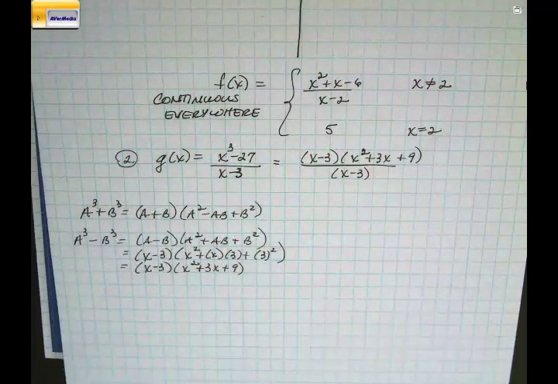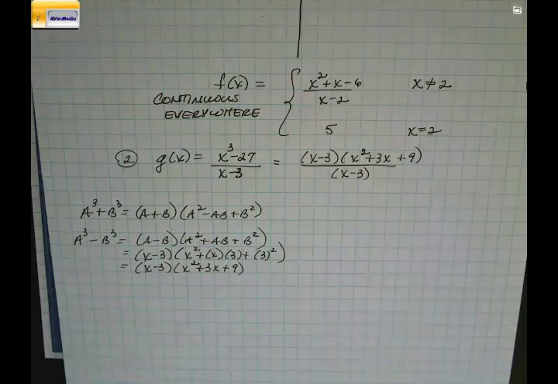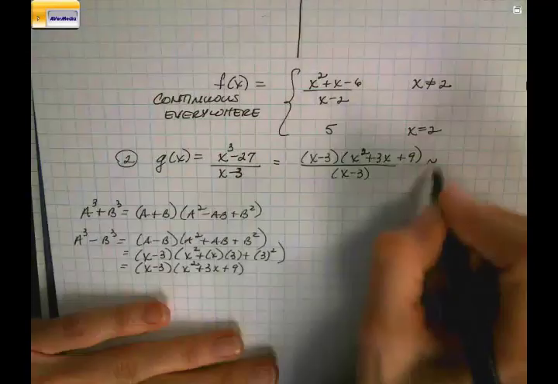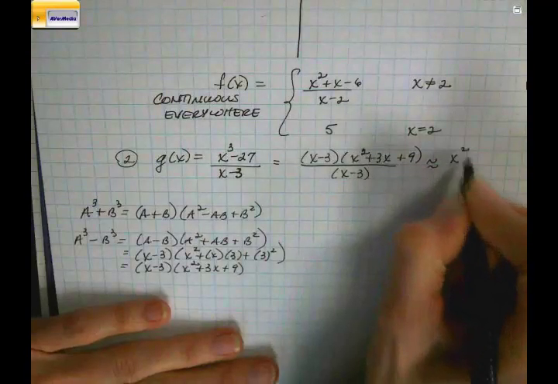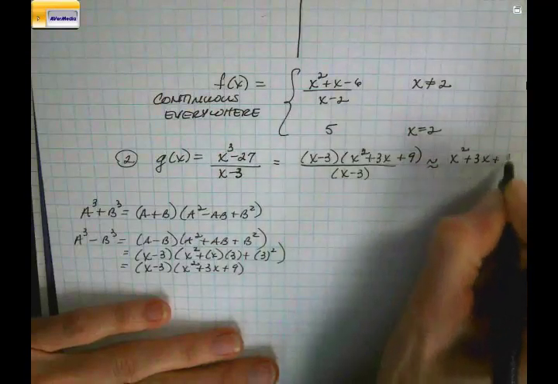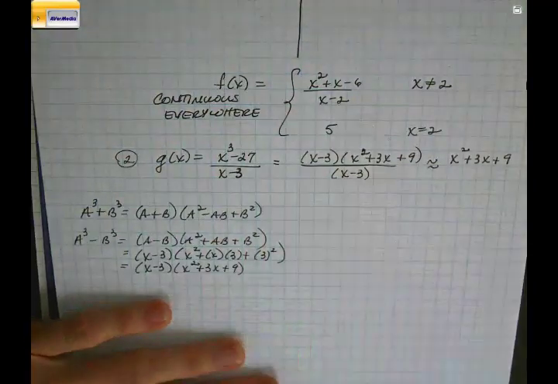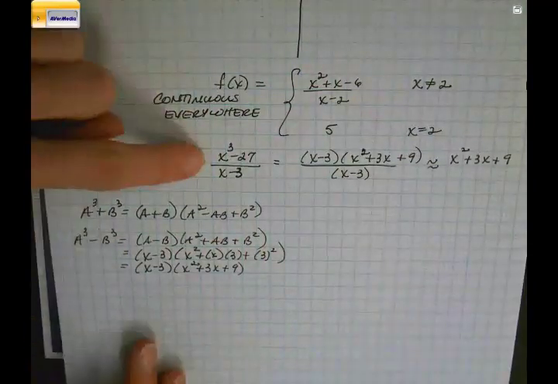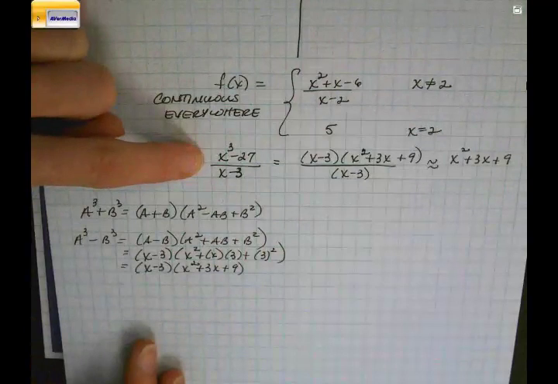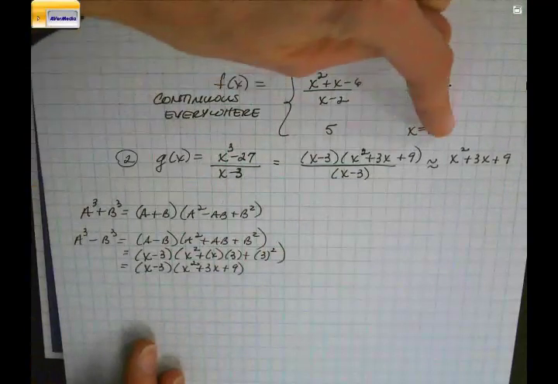If we're going to have a removable discontinuity, we better factor this so that we can cancel out or come up with the hole. So this is approximately equal to the x squared plus 3x plus 9 parabola. If you were to graph this, it's going to look like a parabola, but there's going to be a hole in it when x is 3.